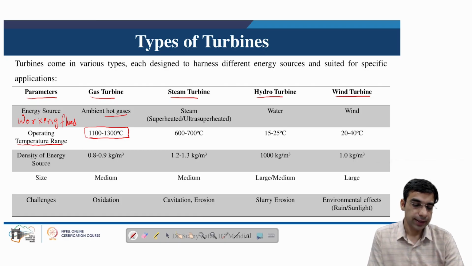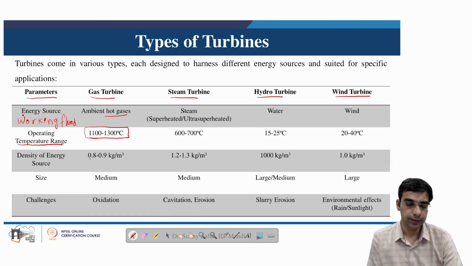Then we look at the density of the energy source or the working fluid. As hot gases are involved in the functioning of the gas turbine, their density is of the order of 0.8 to 0.9 kilogram per meter cube.